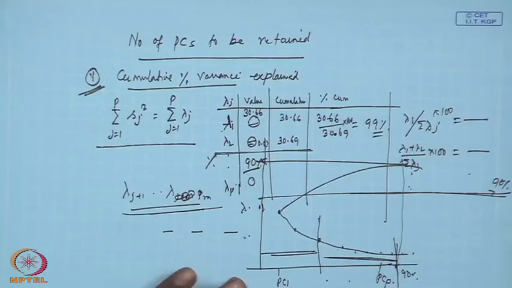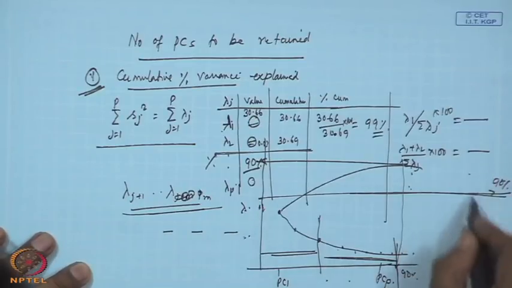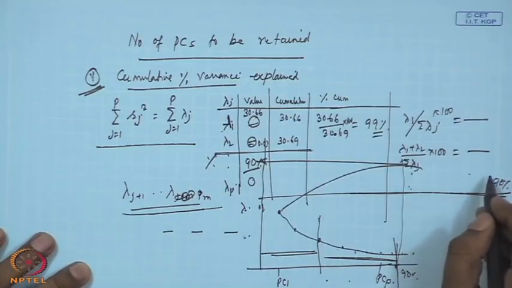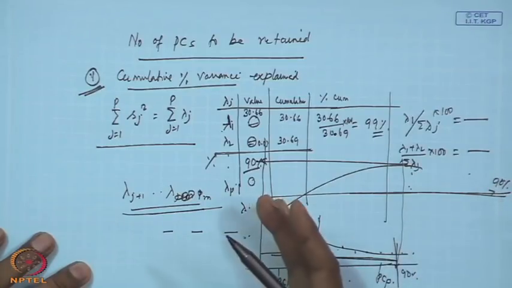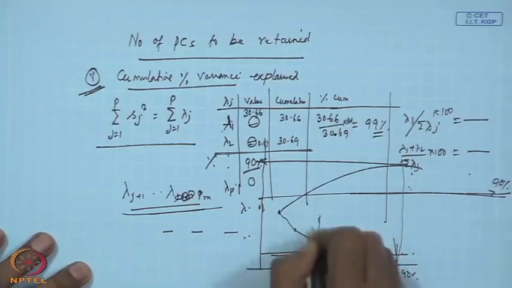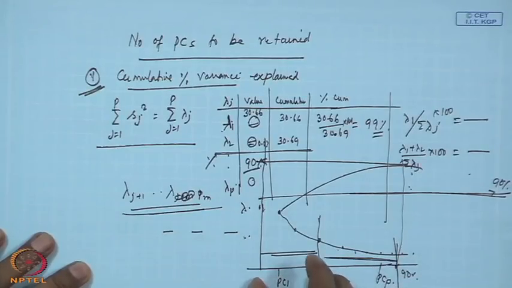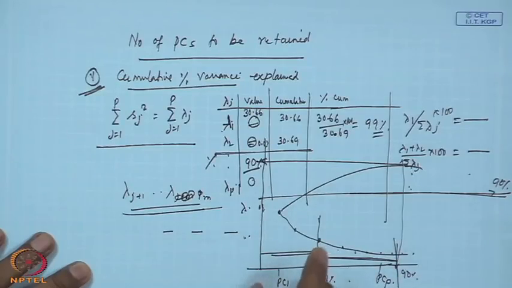So in that case you may not be interested in 90% total variability explained, you may sacrifice a little bit and come to some other total variability, maybe 80%. Fine, you go for 80% and then keep this many components.